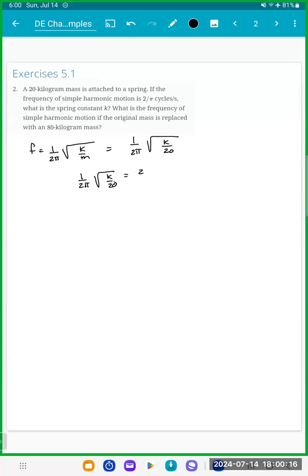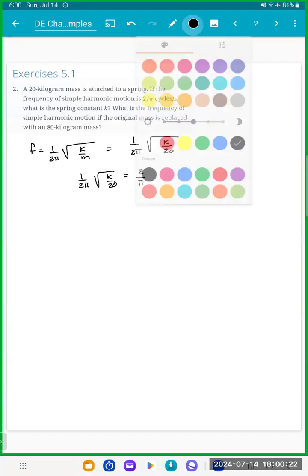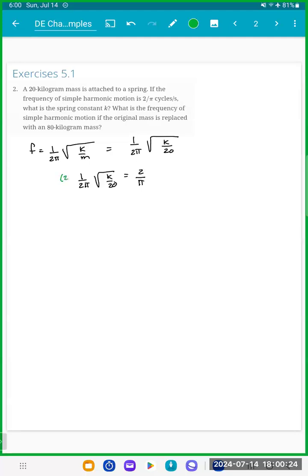We're really just trying to simplify this problem a little bit. We can multiply both sides by 2 pi, because ultimately what we're trying to do is get K by itself. When we do that, it cancels in the numerator and the denominator.